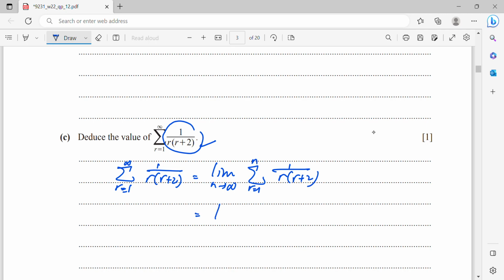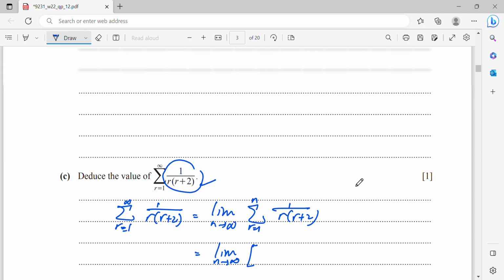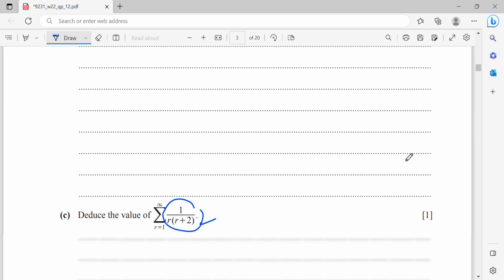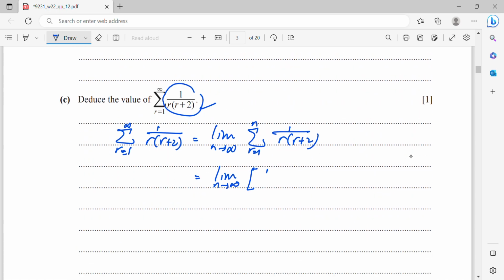Okay, since we have found the summation just now, I will just write it down, which is half of this whole bracket. So I will write half of 3 over 2 minus 1 over n plus 1 minus 1 over n plus 2.